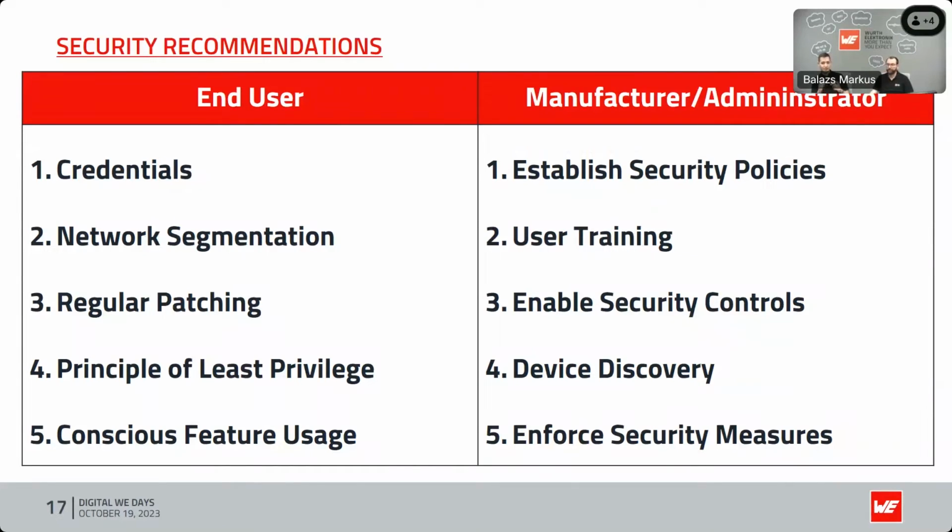And for administrators and manufacturers, security policies: develop clear policies, train your users, educate your employees about the risks, and enable all of the security controls. Implement and activate all available security controls on IoT devices, meaning that all of the security mechanisms that are available are fully enabled to enhance protection.